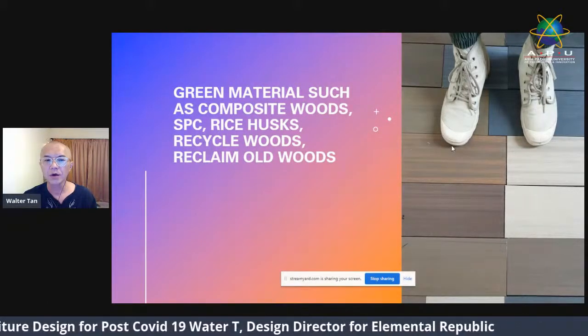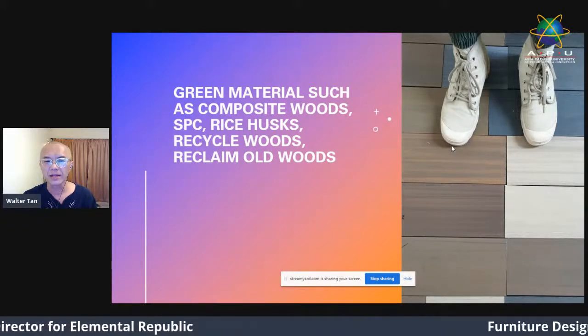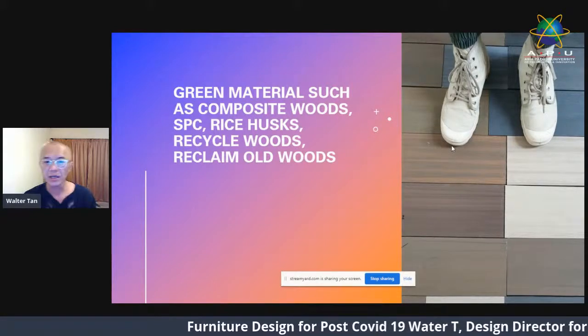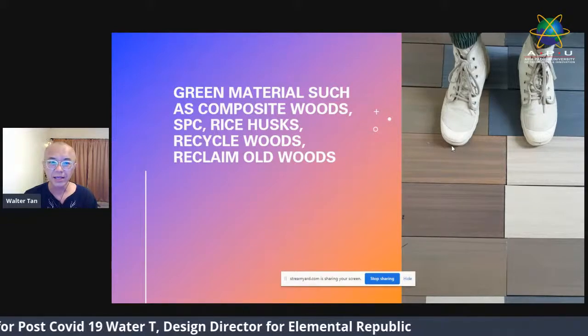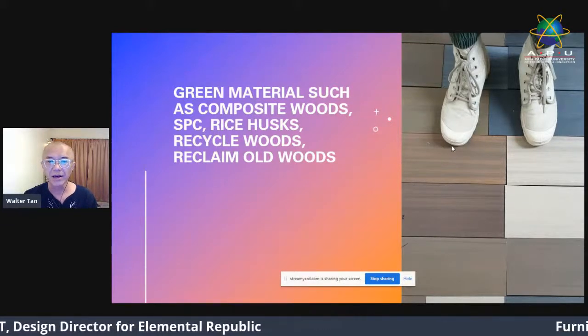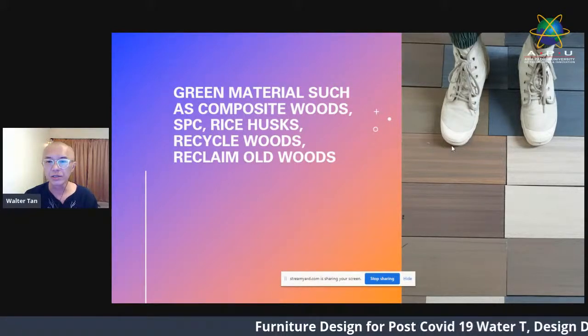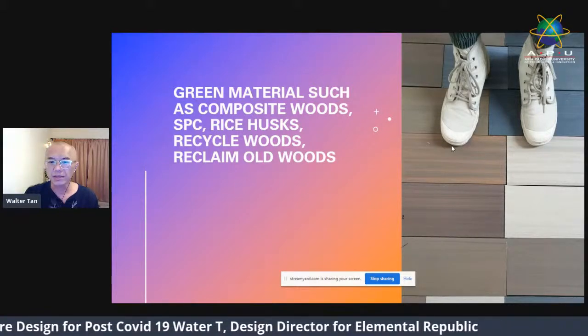Last time, there were old factories that collected all those rice husks, compressed them and made plywood board. But now my father told me the factory is no more because nobody buys. Everybody buys MDF board and recycled woods and reclaimed old woods. Okay, so we can use the reclaimed old woods for the design as well.